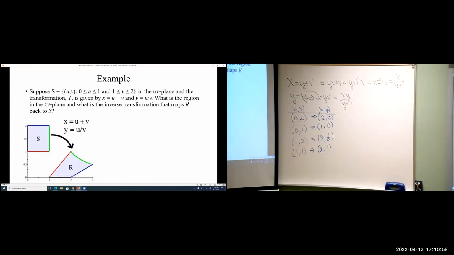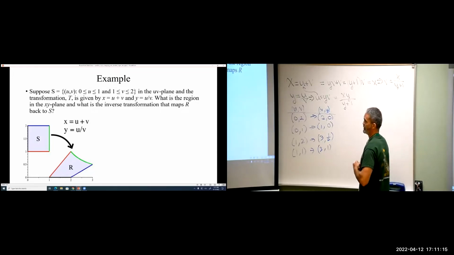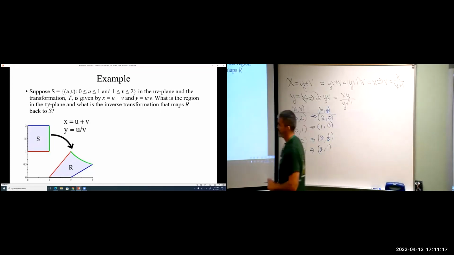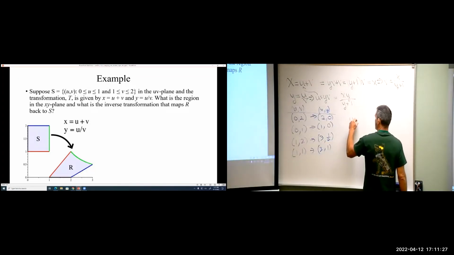Now, because of the coloring, we can kind of tell which line goes to which line. But I want to show you how you can see that exactly. We've got 4 cases, and we'll color coordinate as much as we can. So first off, if we're going along this line here, well, notice that U is always equal to 0. Right? So U equals 0.